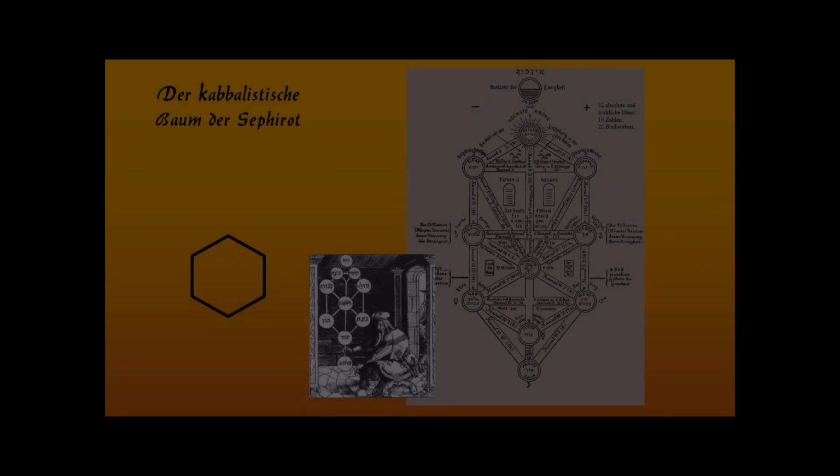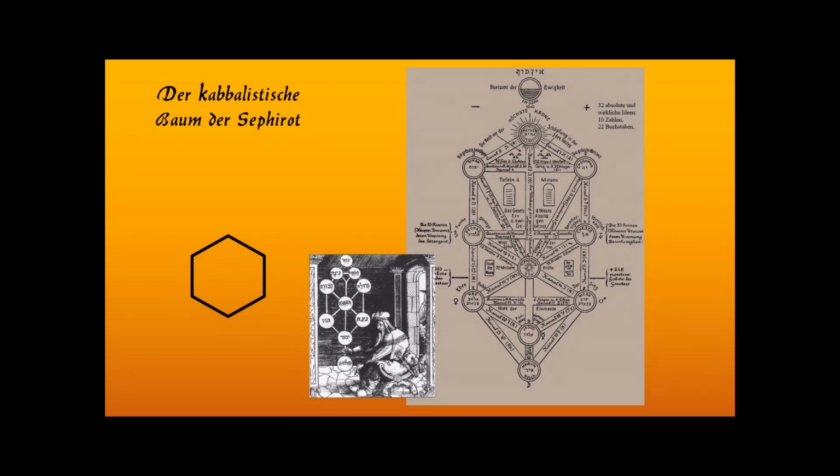The core structure of the Kabbalistic tree of life of the 10 Sephiroth has the numerical order of the meson and baryon octet. The numerical sequence only begins at 3 instead of 1.